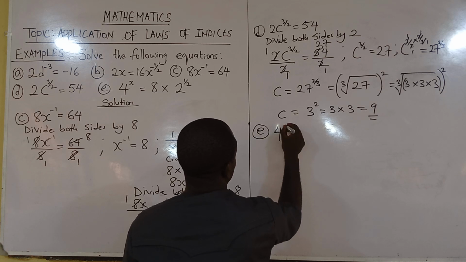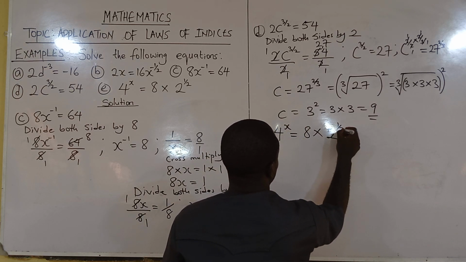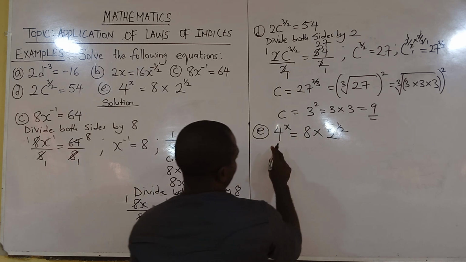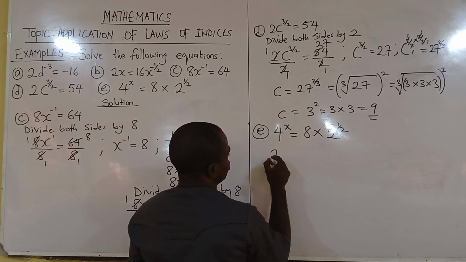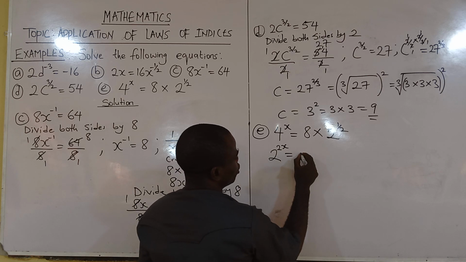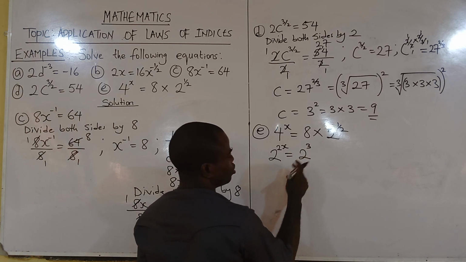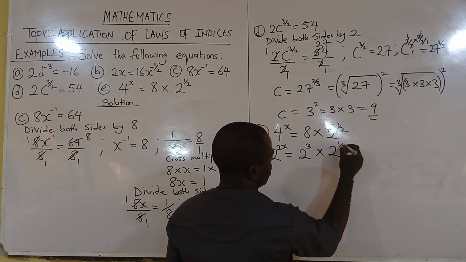Now let's go to the E part. You have 4 raised power x equals 8 times 2 raised power half. Here, you make sure that the bases are the same. 2 raised power 2x equals 2 raised power 3, that is 2 times 2 times 2 in 3 places gives us 8, times 2 raised power half.